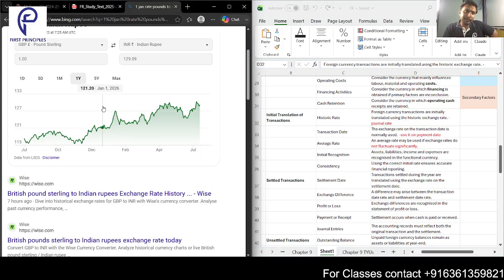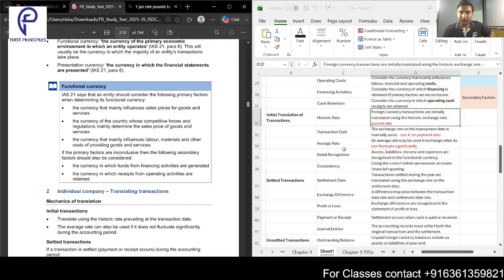So on that day when I made a journal entry, I will use which rate? The rate on Jan 1st. So for the foreign currency transaction between me and Mukund, it was initially translated using the historic rate. Whatever rate was there on that day, it would be recorded at that rate. Okay, so that is historic rate. All right.